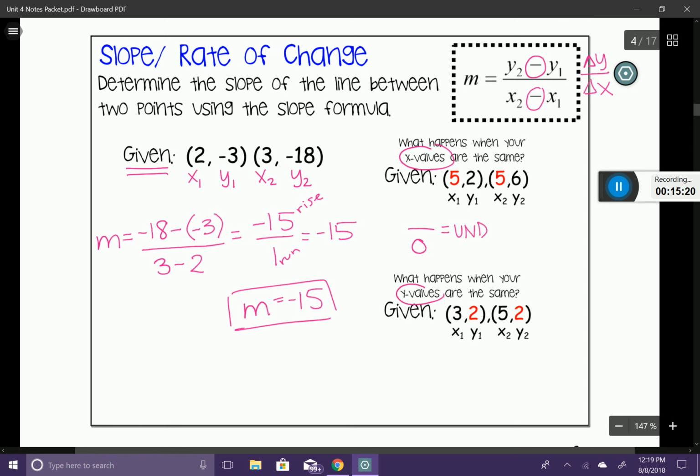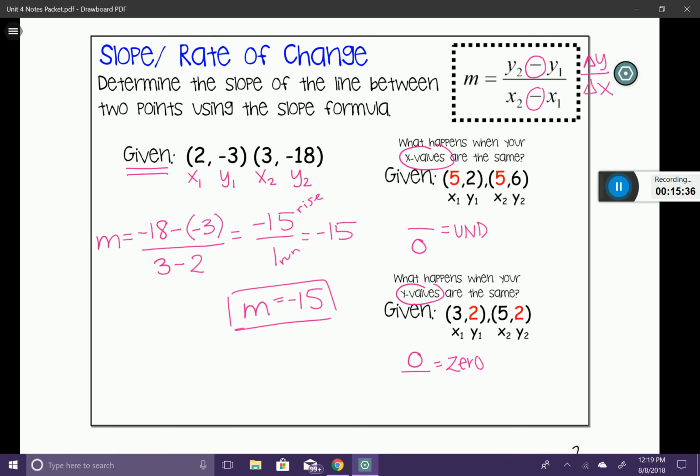Likewise, if your y values are the same, that means you're going to have 0 in the numerator. That means you're going to have a slope of 0. So be on alert for different problems like that with common x values and common y values. It'll be really easy to answer the question.